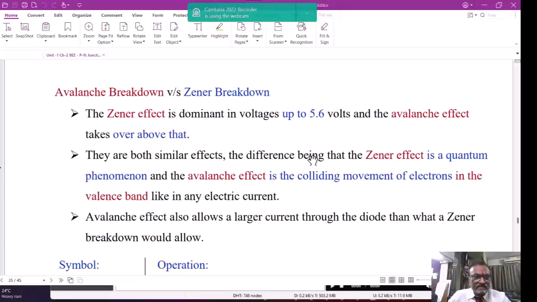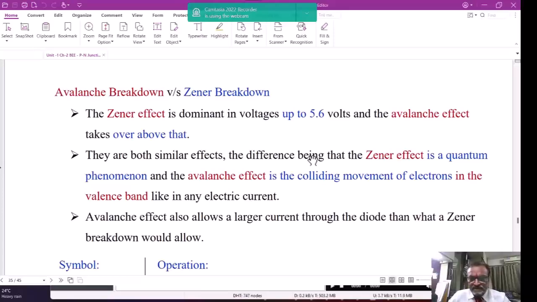What are the differences between avalanche breakdown and Zener breakdown? The Zener effect is dominant in voltages up to 5.6 volts, and the avalanche effect is more dominant above 5.6 volts. They are both similar effects.